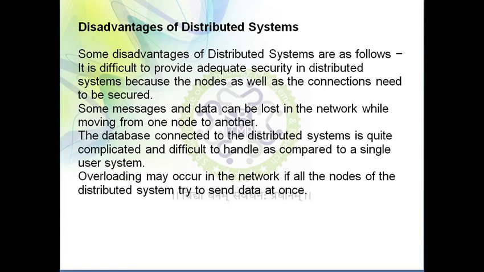The database connected to the distributed system is quite complicated and difficult to handle as compared to a single user system. Overloading may occur in the network if all the nodes of the distributed system try to send data at once.